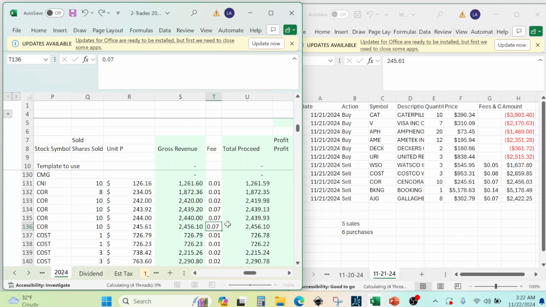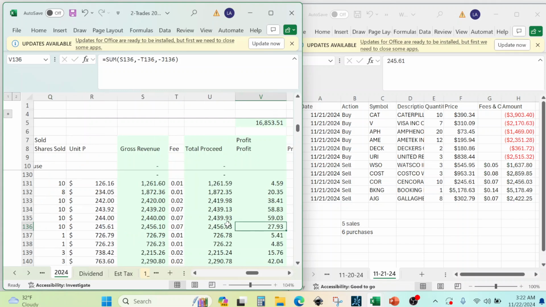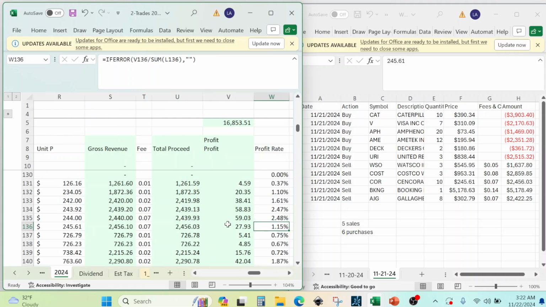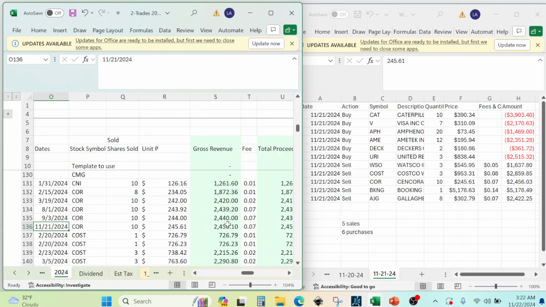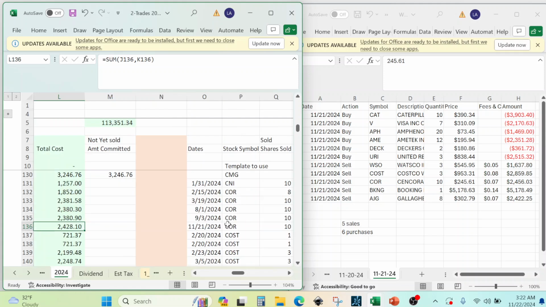Fee $0.07. The profit is $27.97, so it exceeded the minimum profit target, which is $25. With the average per trade that we say is 2,000, and minimum profit target is $25, we sold it to lock it in.